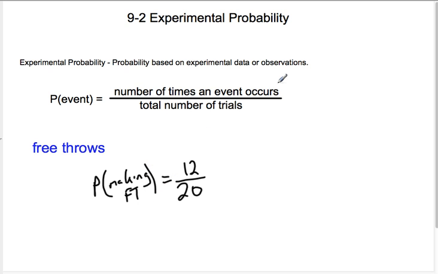So total number of times the event occurs, so making a free throw happened 12 times, total number of free throws was 20, then that would mean this person has a 6 over 10 chance, or 3/5, or 60% probability of making a free throw.